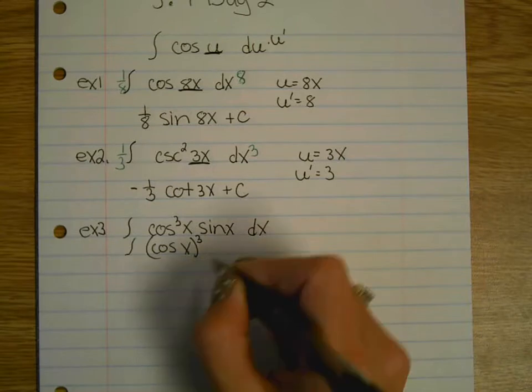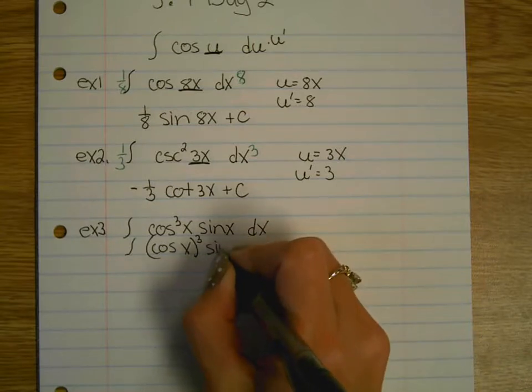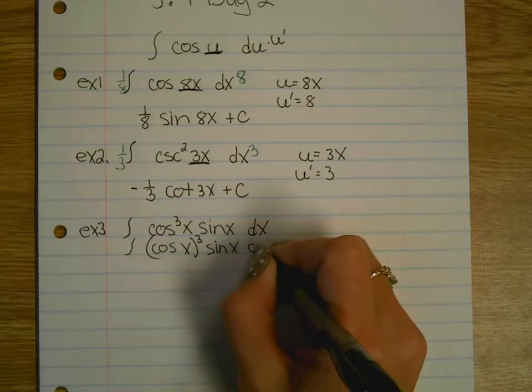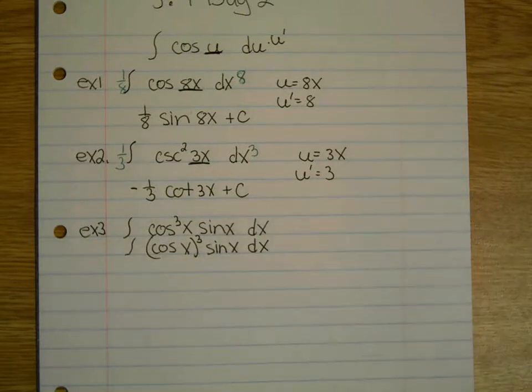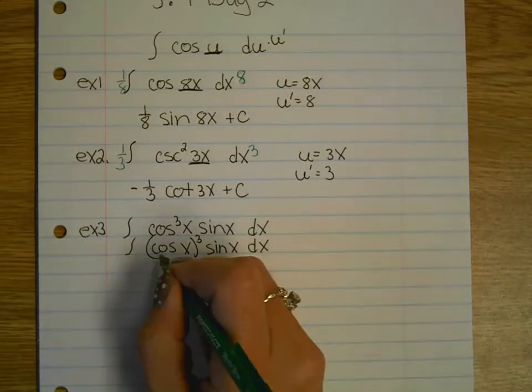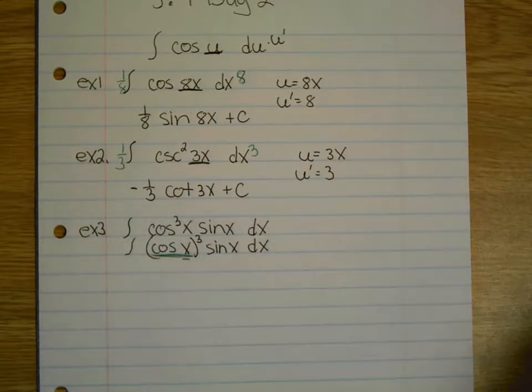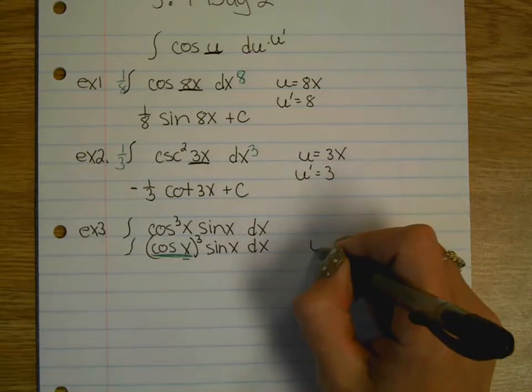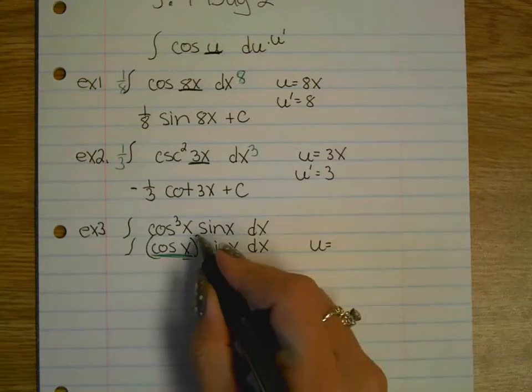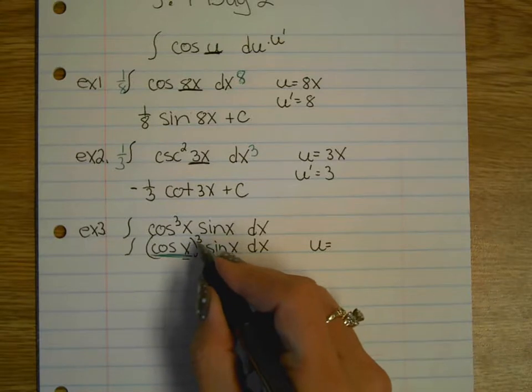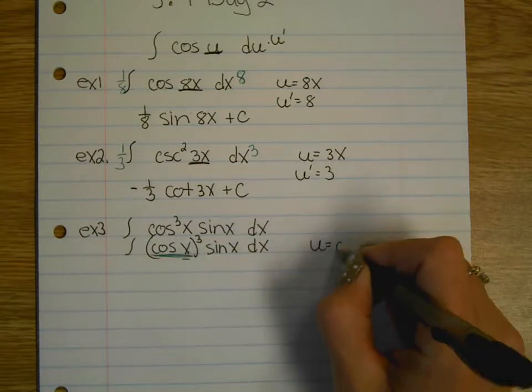Now I got an idea what my inside is, times sine x dx. Okay, this time I've got really a double inside because I got this whole thing inside, and then the angle is an inside. So my u, and I'm looking at doing a power rule here for my antiderivative, is cosine x.